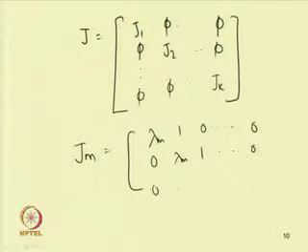So J m will contain a 1 above the diagonal terms.